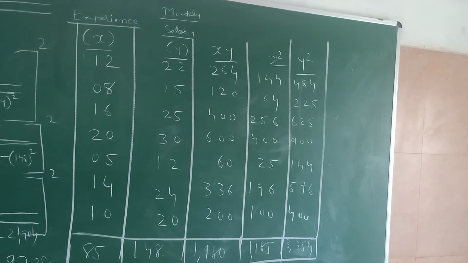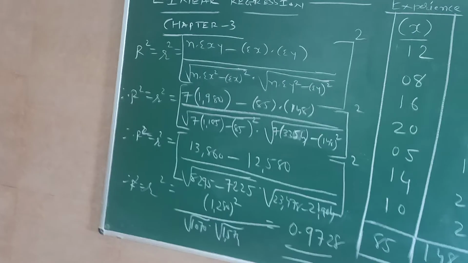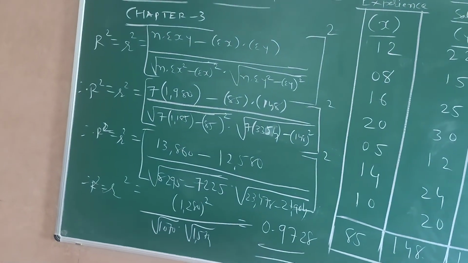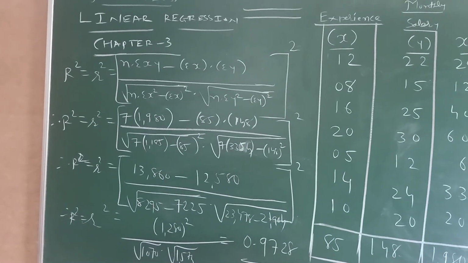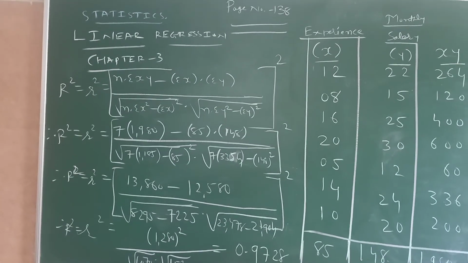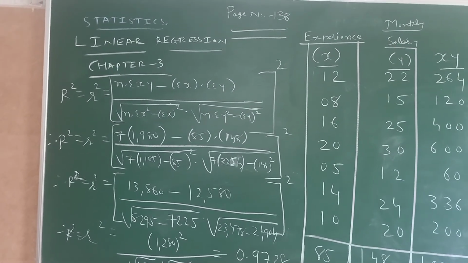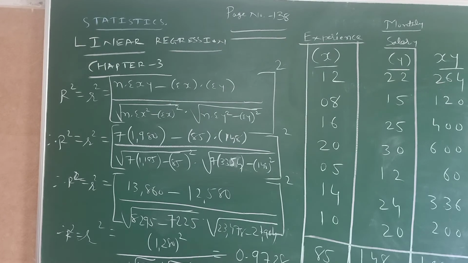After preparing them, we total xy, x square and y square. Then we put the formula for r square: capital R square equals small r square, same as the XY method formula, n sigma xy minus sigma x into sigma y upon under root n sigma x square minus sigma x the whole square into second under root n sigma y square minus sigma y the whole square.